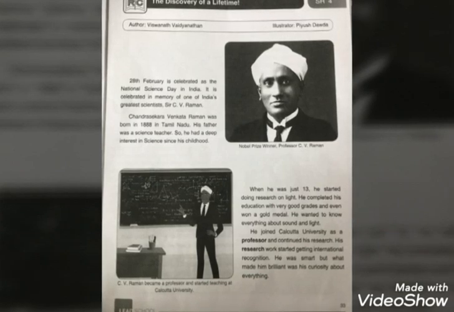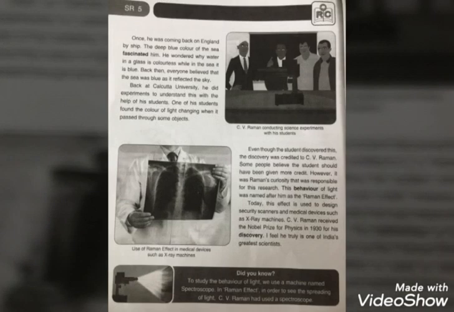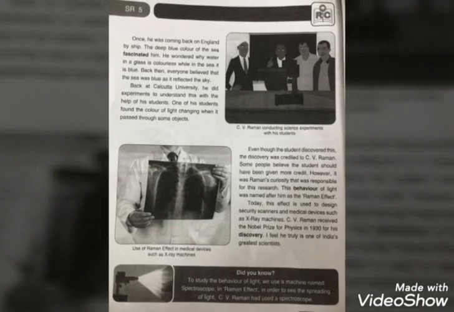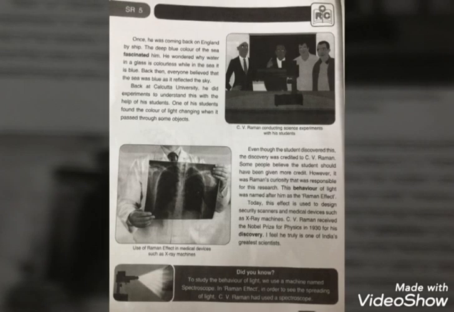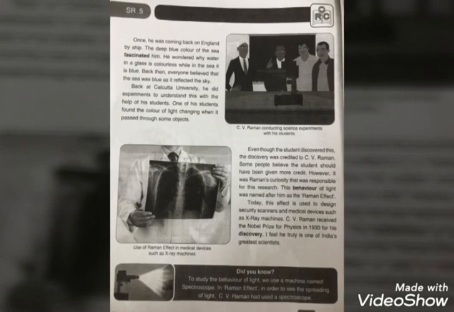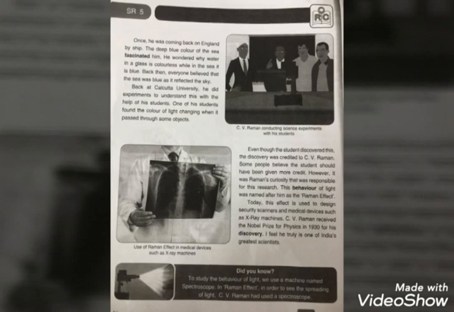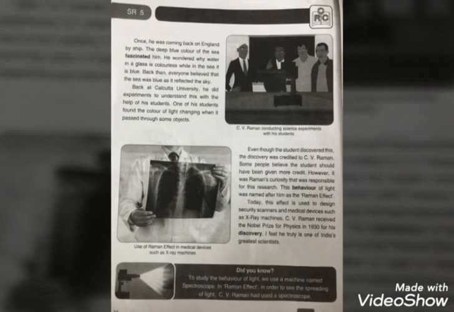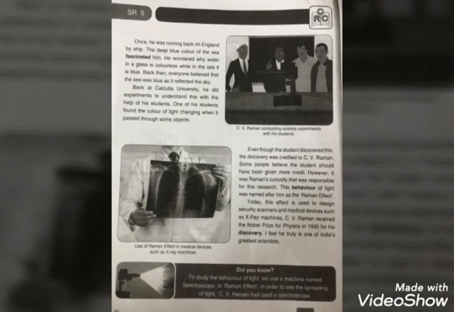He conducted science experiments with his students, and he used Raman's effect in medical devices such as X-ray machines. To study the behavior of light, we use a machine named spectroscope, in Raman's effect, in order to see the spreading of light. C.V. Raman had used a spectroscope. It has been clearly given in the lesson, the discovery of a lifetime.